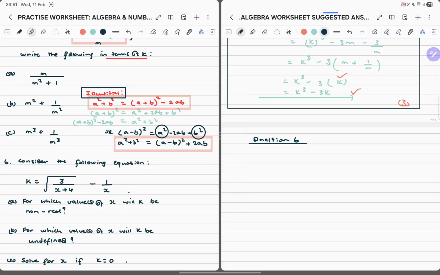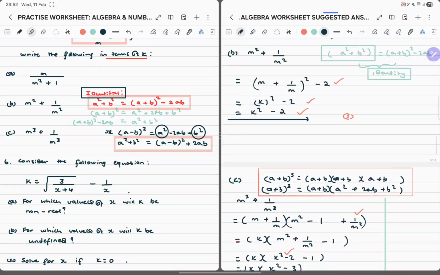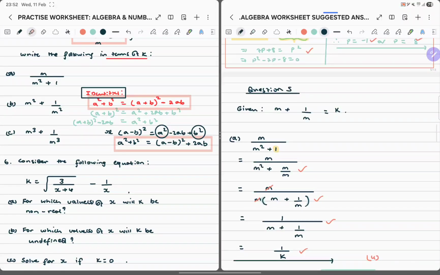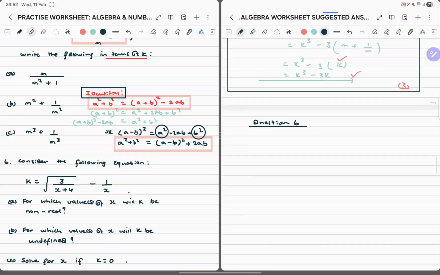Remember, when you practice, if you take time, you will definitely be quick in the exam, because you will see something you can recognize and you know exactly how to do it. If you approach it without fear, you win. What question was this? Question 5. Okay. Good, we are done.